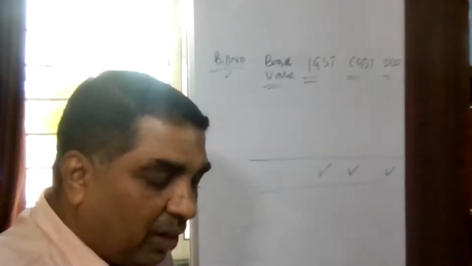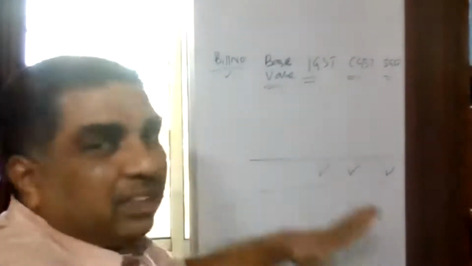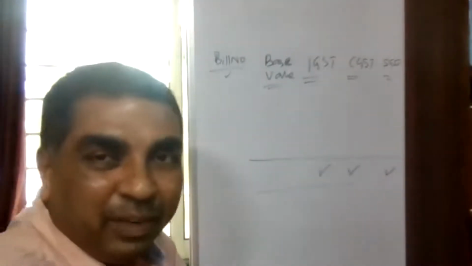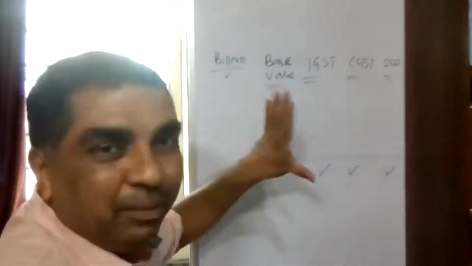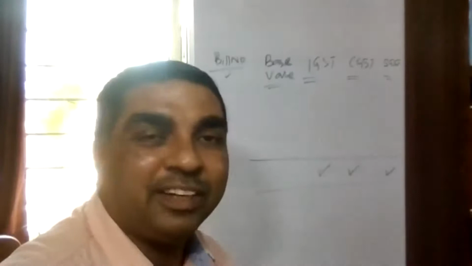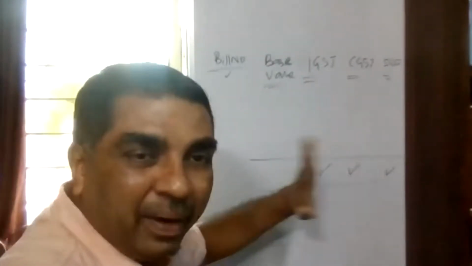So in a business you have to create an MIS so that you will be able to get this much information. As an auditor, you can also verify the bill register, bill book, that these are the total bills and this is the GST liability, whether it has been paid or not.